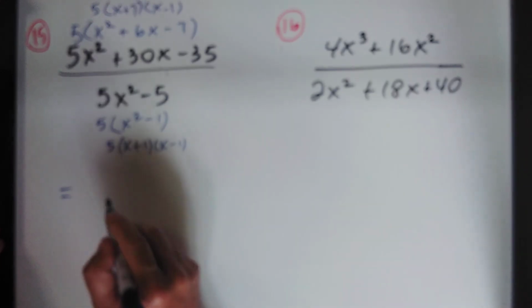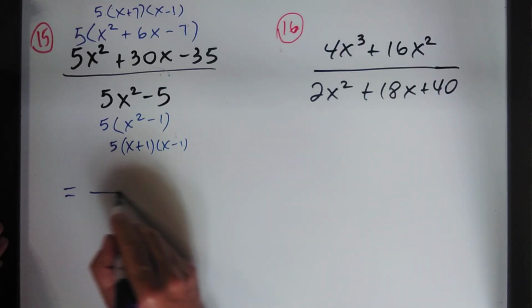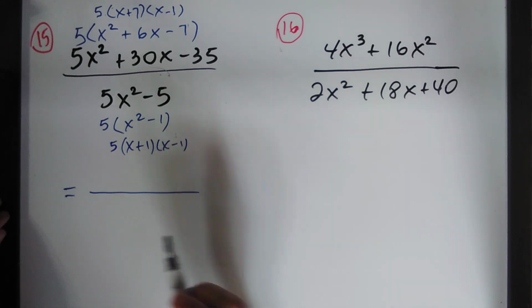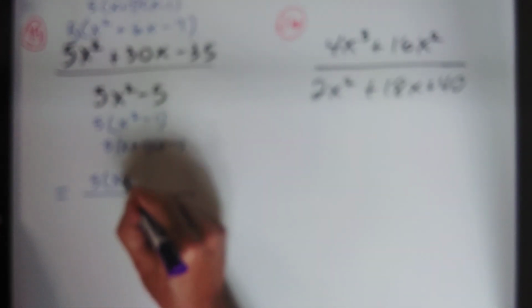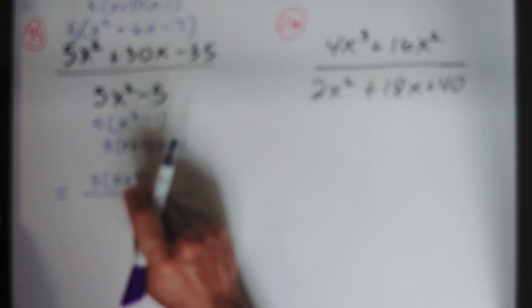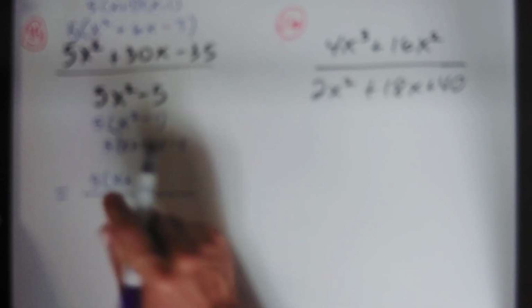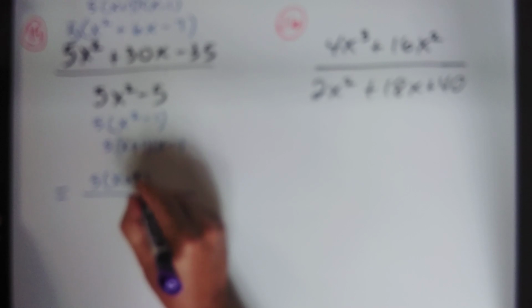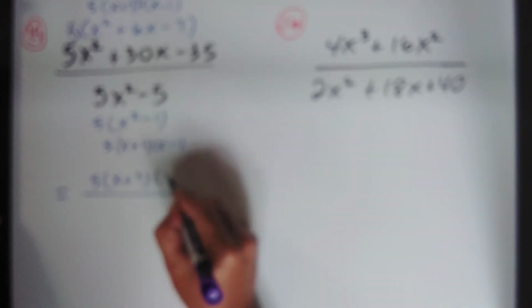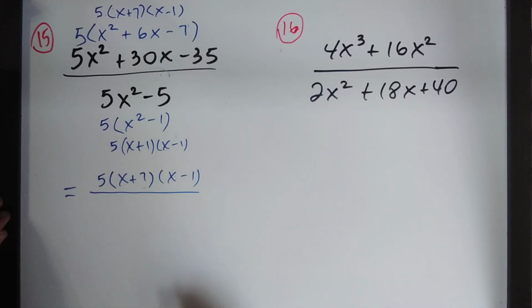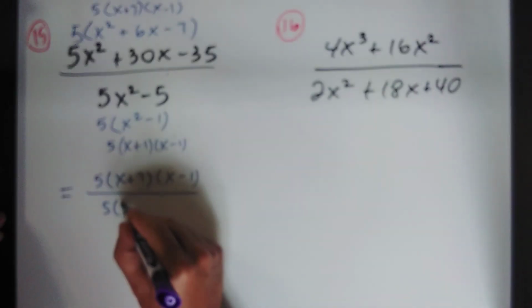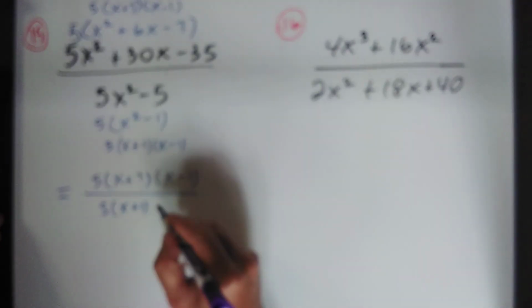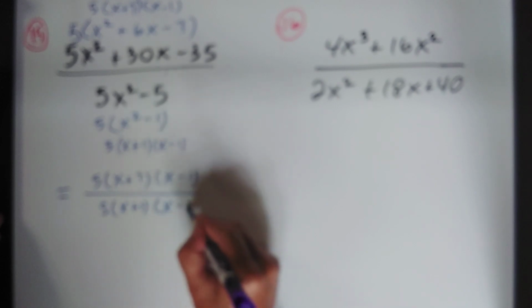So let's rewrite what I have after I factor completely. On the top I have 5, x plus 7, x minus 1. On the bottom I have 5, x plus 1, x minus 1.